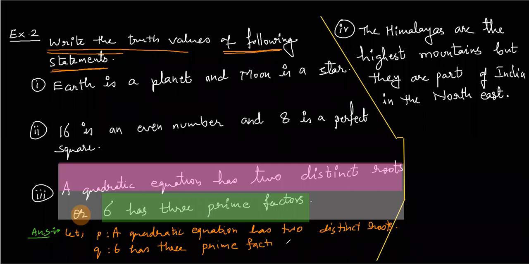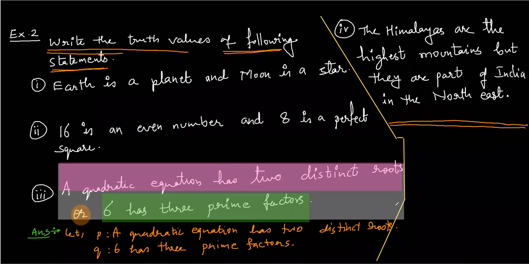6 has 3 prime factors. A quadratic equation has 2 distinct roots, this is P; 6 has 3 prime factors is Q. We all know students that a quadratic equation can have distinct roots, but many times it has equal roots.